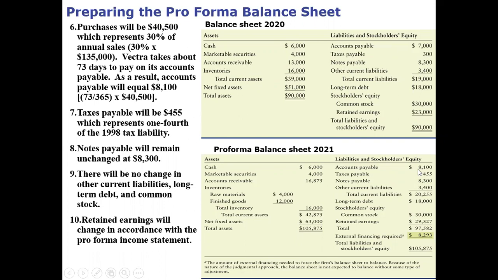If you remember, for the accounts payable in the financial ratios, we were using the average payment period, and he said here that the purchases will be 40,500, and this represents the purchases.